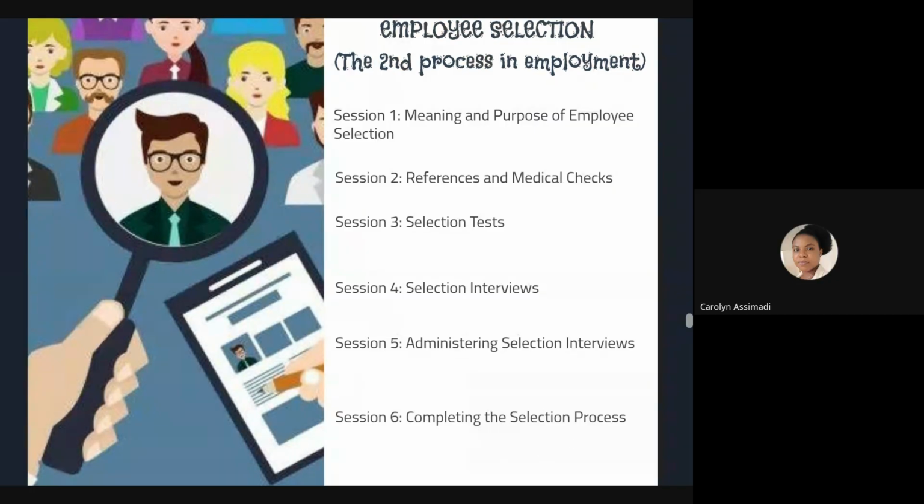Okay, motor and physical abilities. Motor abilities of candidates that employers may want to test include finger dexterity, manual dexterity, speed of arm movement, and reaction time.